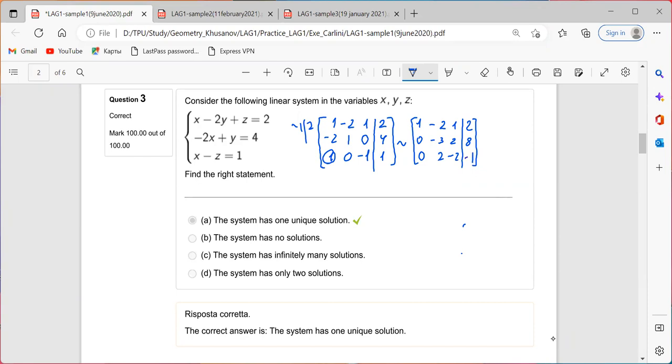Okay. So what can we say about this kind of matrix? We don't need to continue this process. Why? Because in this case, you see that our matrix will have one leading element here. The second leading element will be in the second row.